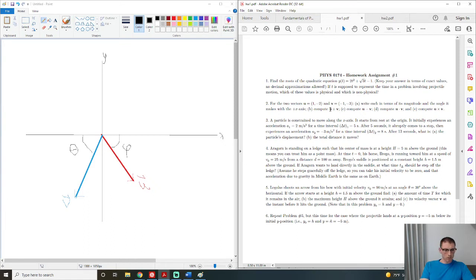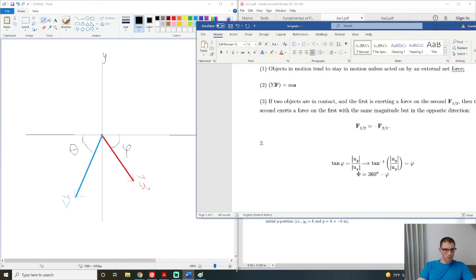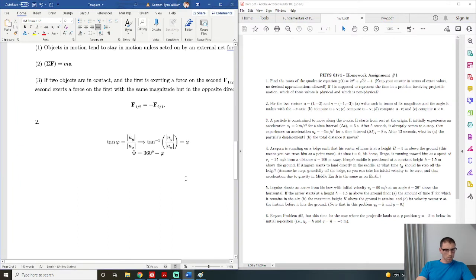Do we all feel good about subtracting vectors? All right, I am not seeing any responses, so I think at this point, let's move on.